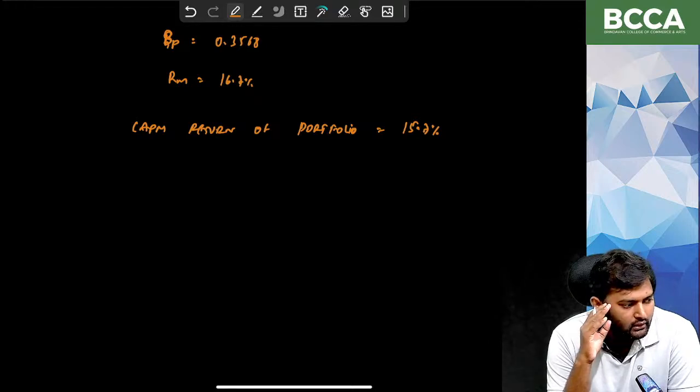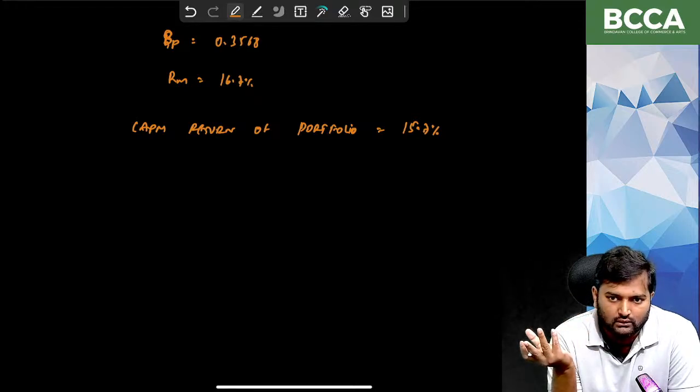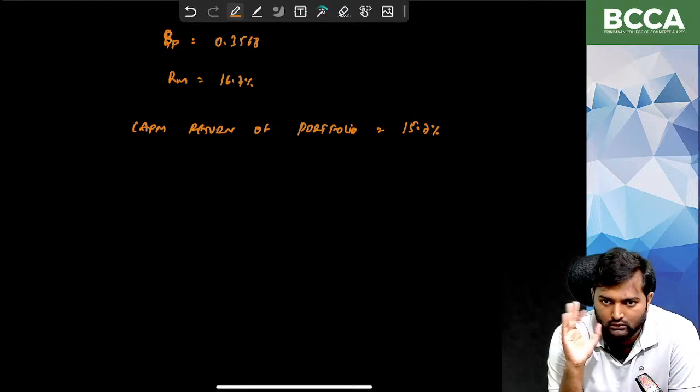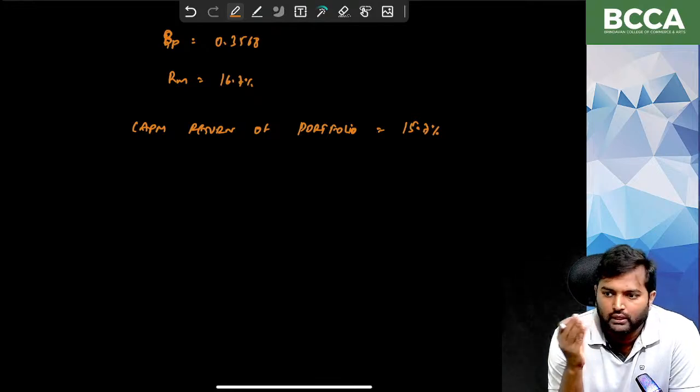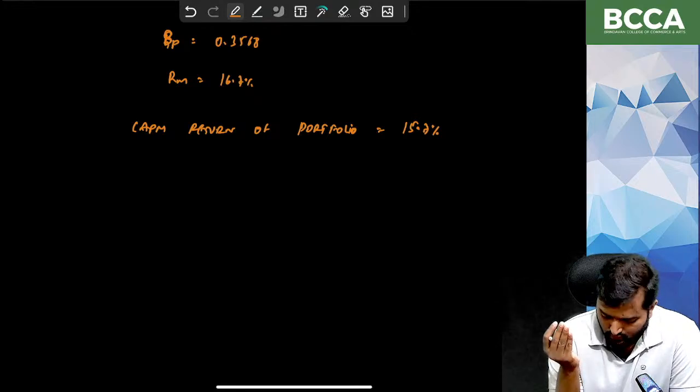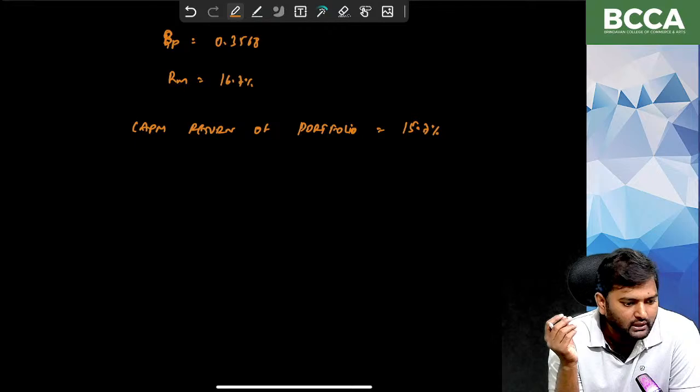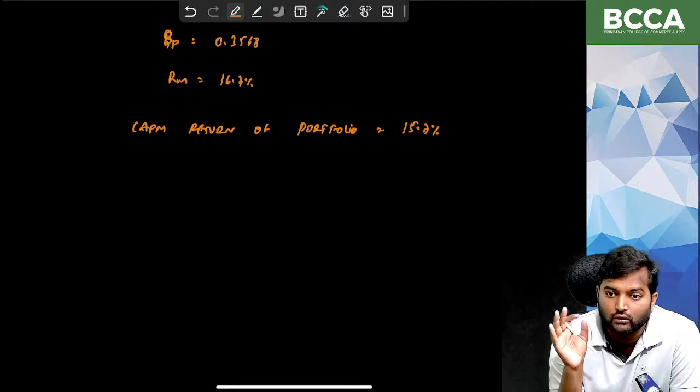Logically, if we apply 100% logic, then the solution is not worthy, because our portfolio is gold, silver, bronze, Government of India bonds. So what does 16.7% denote? 16.7% denotes our return of a portfolio. Yes or no?